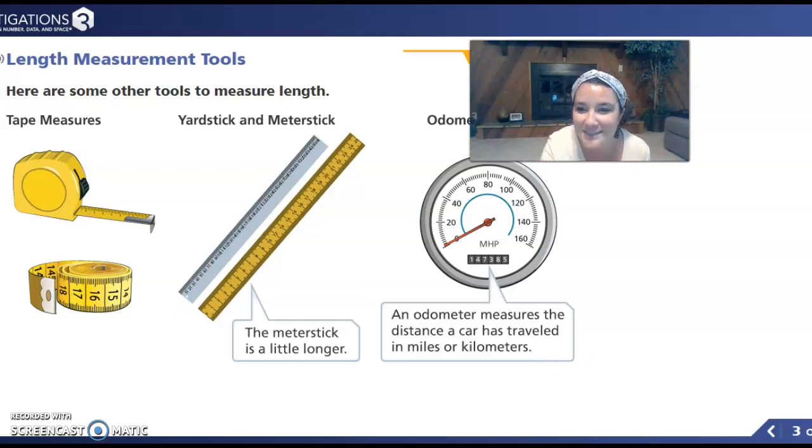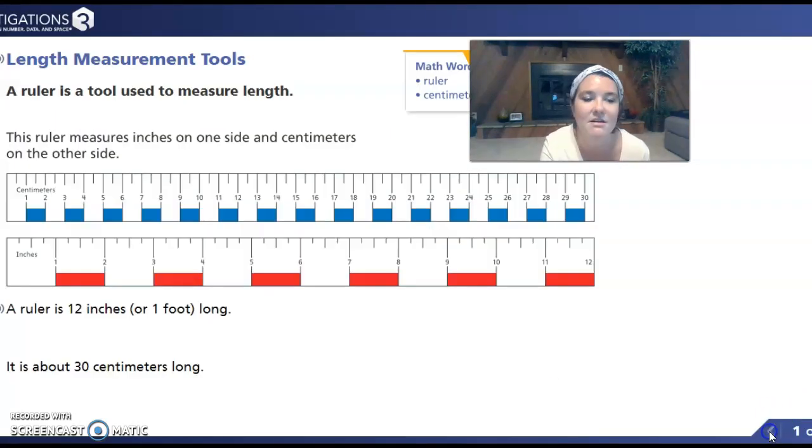Okay. All right, so let's go back to that first screen you saw. A ruler is a tool used to measure length. This ruler measures inches on one side and centimeters on the other. Take a moment and just look at centimeters and inches. What do you notice about the two measurements?